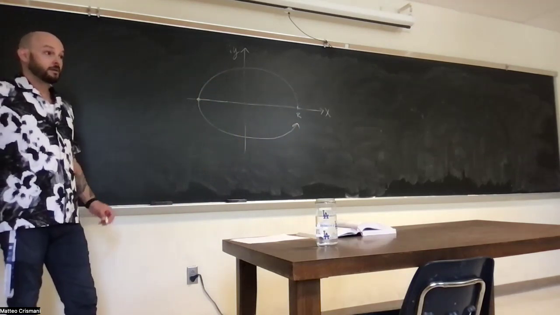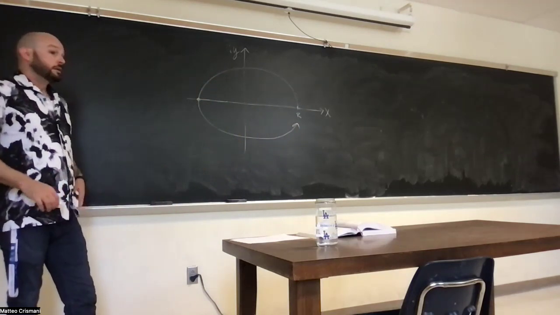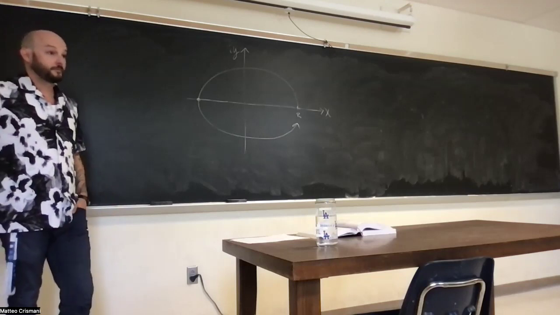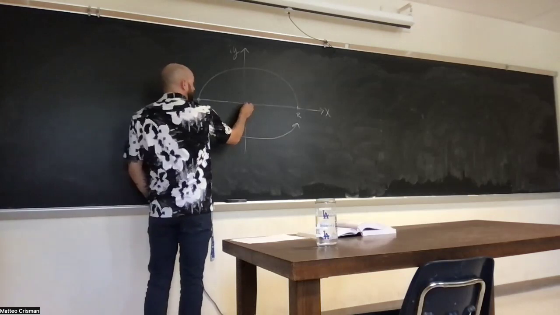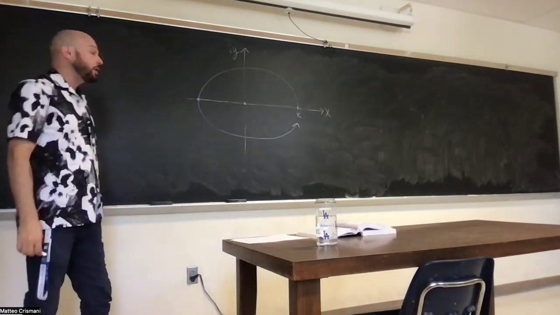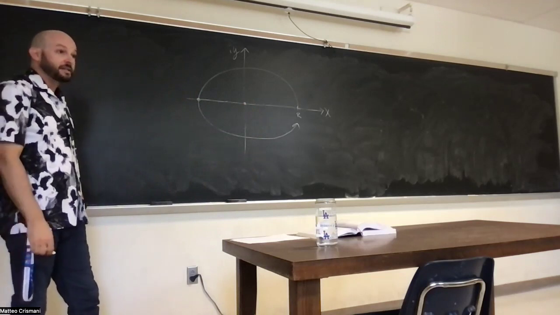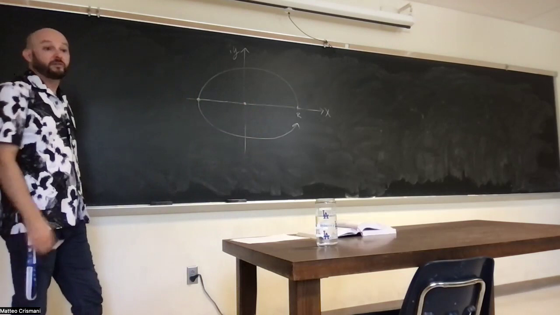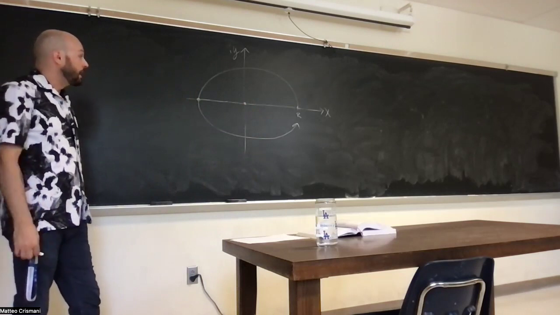So 1 over z does what at the origin? It has a singularity. So there's a pole right here. So I can do a lot of interesting things here. I can figure out what the value of different integrals are.